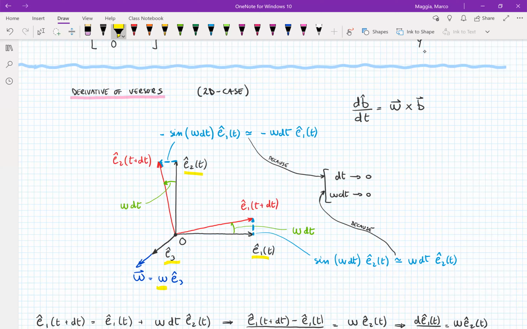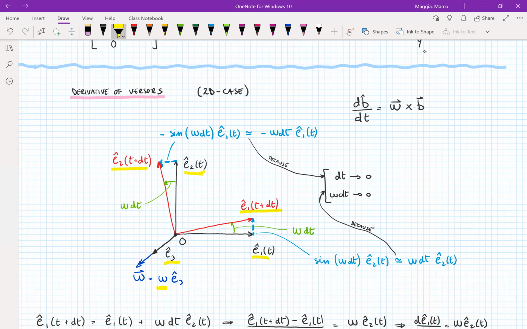Now, E1, E2, and E3 are taken at first at time t, and then we'll let some infinitesimal amount of time pass, so dt, and let's see where the position of these vectors change. So E1 at time t plus dt, and E2 at time t plus dt.